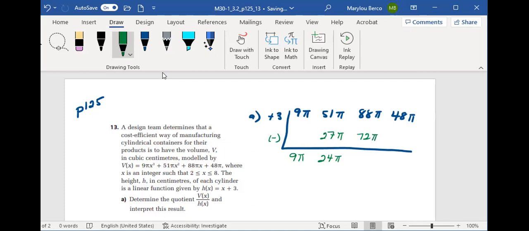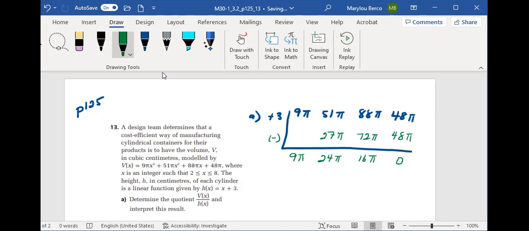Subtracting 88 pi minus 72 pi, we get 16 pi. 3 times 16 pi is 48 pi. So we have a zero remainder.